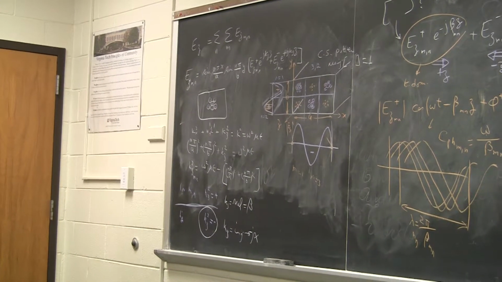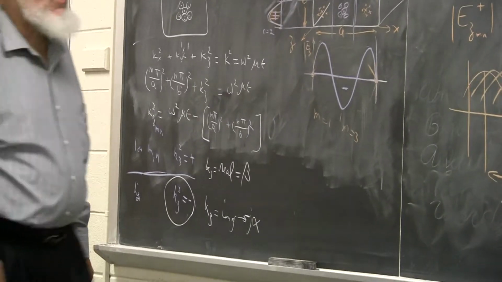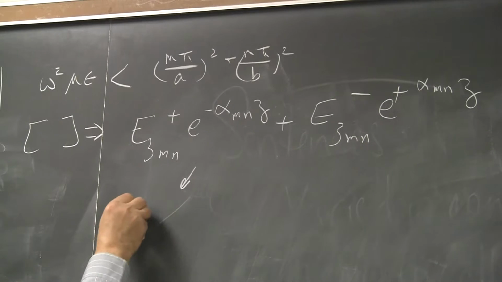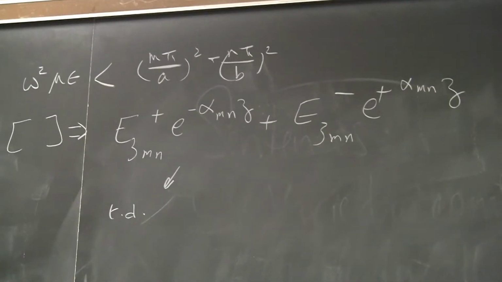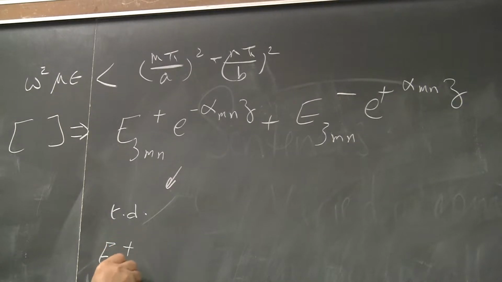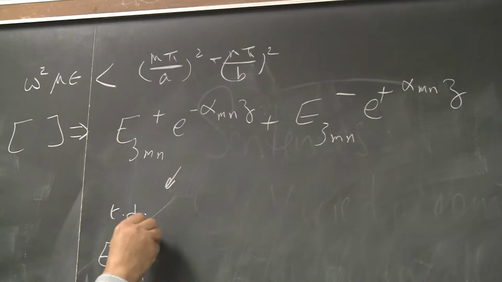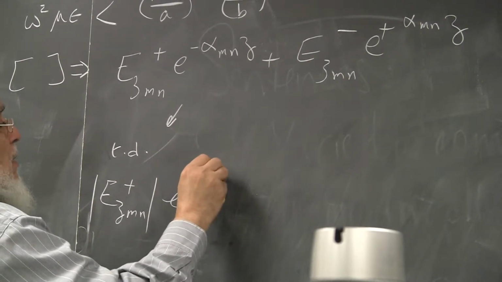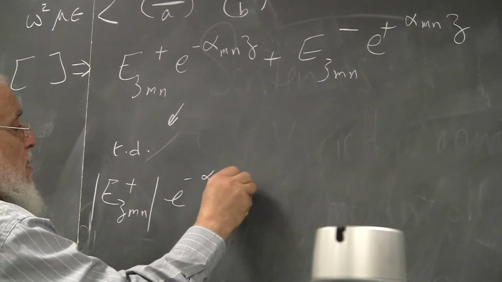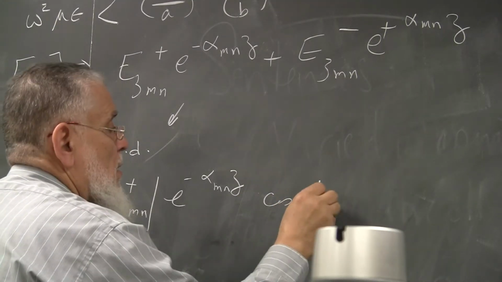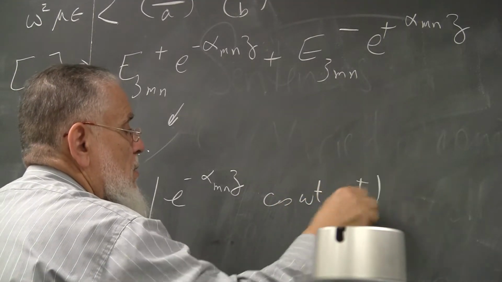Because after all, it doesn't really matter, because what you see now is no propagation. You go back to the time domain, and what do we see? We see E sub z plus mn magnitude e to the minus alpha mn z, and you have cosine omega t plus phase.